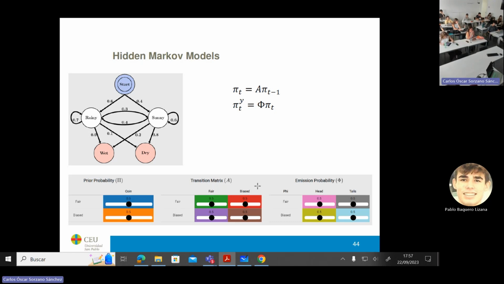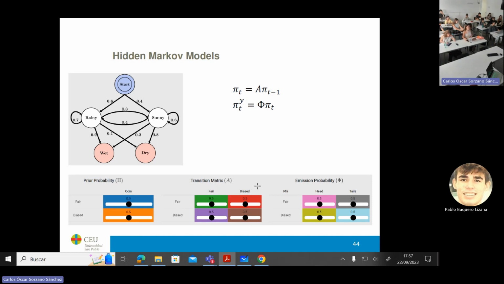So the state is here, but you cannot observe the state. What you can do is to observe some observables. So these observables, you also need to model how this process happens.